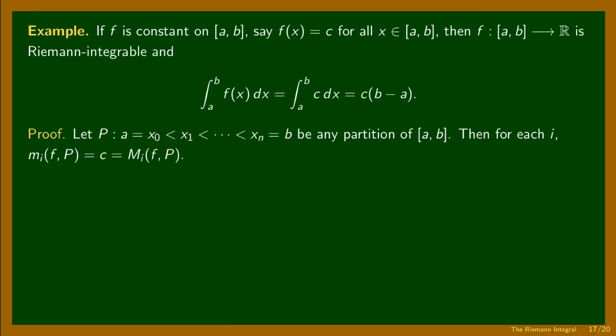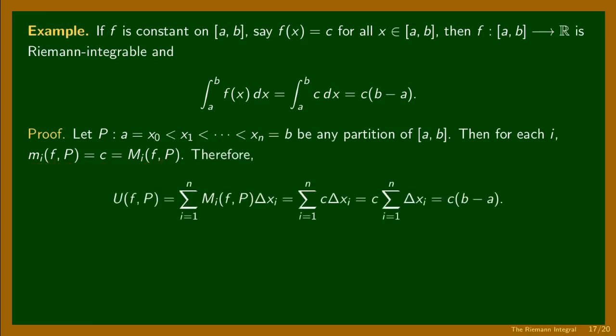Dahil nga yung function mo ay constant, ang value niya palaging C, ang infimum mo, tsaka yung supremum mo sa bawat sub-interval will always be C. Therefore, if you will compute the upper sum, ito yung formula niya, ito ay palaging C times delta xi. Using properties of summation, I can bring out the C, or I can factor it out.